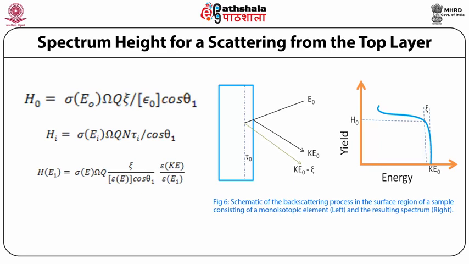The height can be written as Hi is equal to sigma Ei omega q n tau I divided by cos theta 1. The cross section sigma is evaluated at the energy Ei of the projectile immediately before scattering at depth xi.